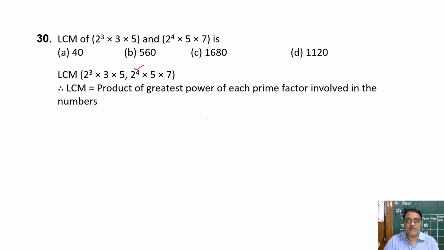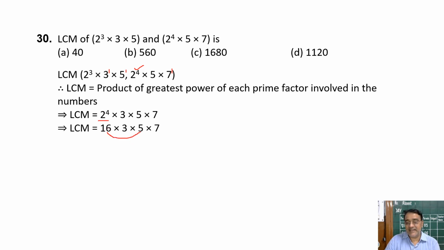What is the highest power of 3? 1. Highest power of 5? 1. Highest power of 7? 1. So we will multiply all of this, okay? So 16 into 3 into 5 into 7. 16 into 5 is 80 and 3 into 7 is 21. 21 into 8 is 168.